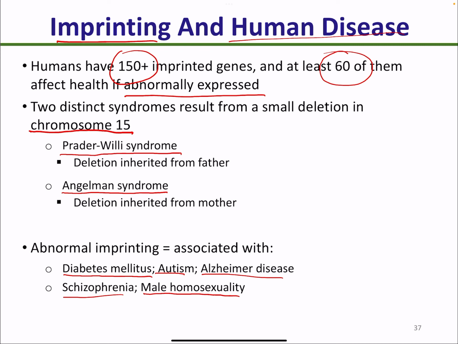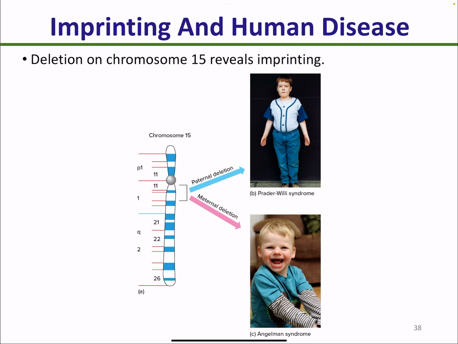So here are two children, one with the Prader-Willi syndrome, okay, who received the chromosome from dad, and the other one with Angelman syndrome, who received the same chromosome with the same deletion, this time from mom, right?